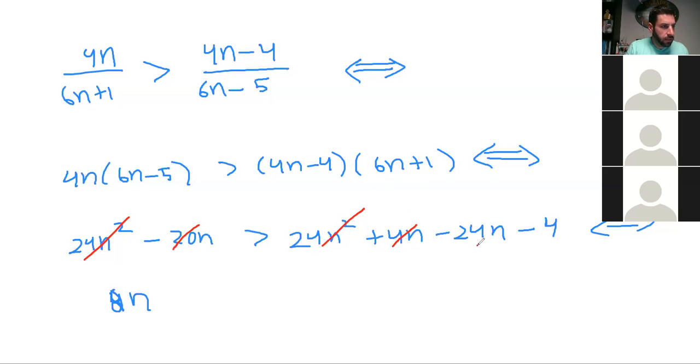And then these guys cancel. And so what are we left with if we didn't make any errors? We are left with the statement of 0 on the left-hand side is greater than negative 4.